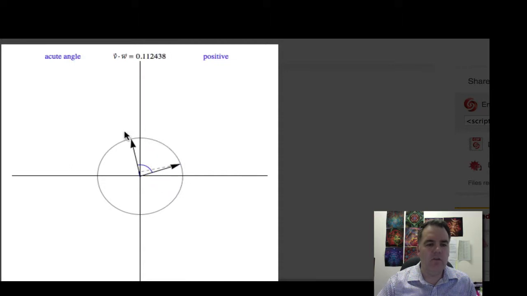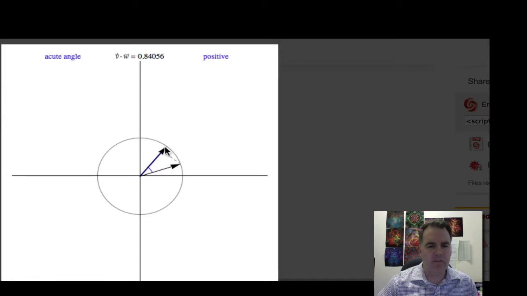For these two unit vectors, that length can never be more than 1. If I move this one around, you can see what happens. It's just the projection of that vector on top of the other vector. That's the interpretation of the dot product.